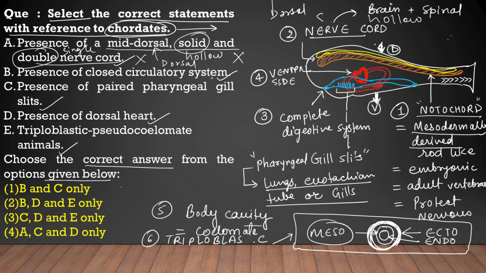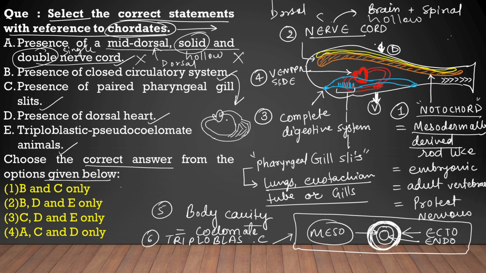Now see the presence of a closed circulatory system. We call it a closed circulatory system when there is a heart and a pumping system that supplies blood in vessels, which divide into small pipe-like structures called arterioles or venules, and then capillaries, and ultimately combine together into a bigger vessel and open into the heart again.